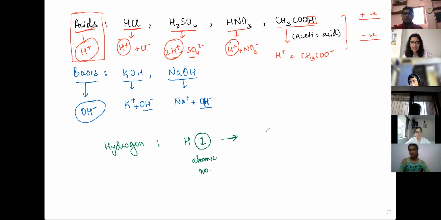Very nice. So hydrogen is basically made of 1 proton and it has 1 electron revolving around it. Right? Okay. Abhi acids mein kya hai? So you have H plus. So what does this plus represent?